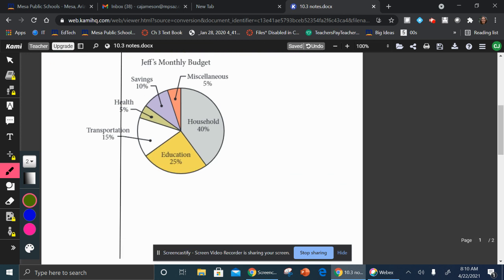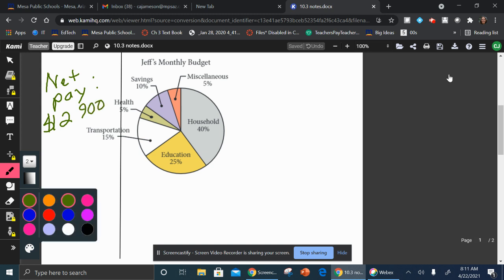So knowing that, everybody, we can also use that to figure the budget. Let's say the net pay was $2,900.